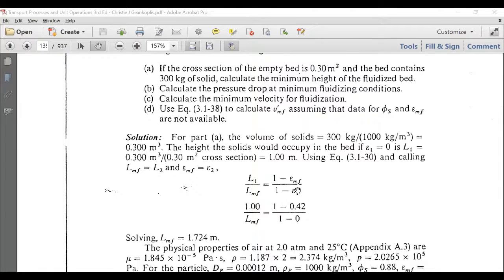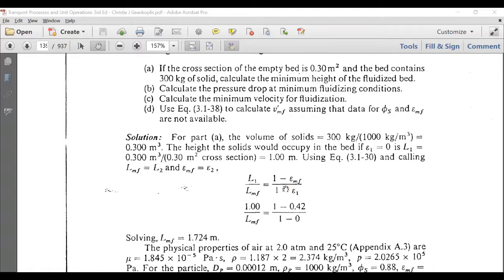And in the equation above, it is L2, and this is epsilon 2. But since the second condition is at minimum fluidization, I will change the notation of 2 to MF.